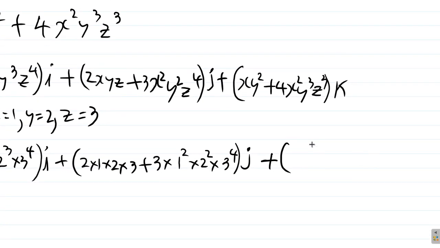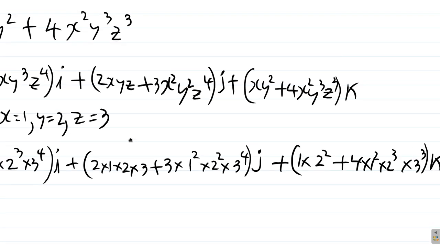So x is 1 times y is 2 squared, plus 4 times 1 squared times 2 cubed times 3 cubed, k. Alright?